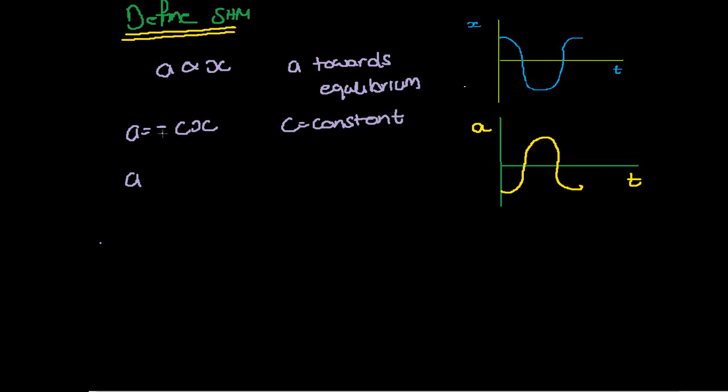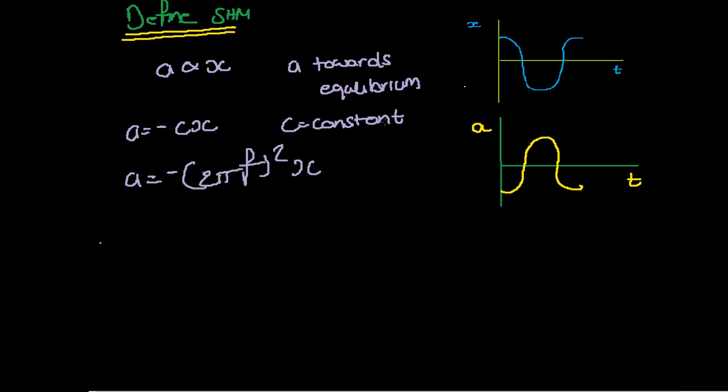We normally square the constant because we want to keep the negative sign to show that acceleration is in the opposite direction to displacement, and the constant is normally 2 pi f, and we square it, as I said, times x, and 2 pi f is the angular velocity, or omega.